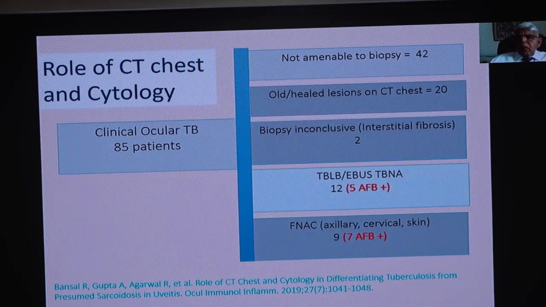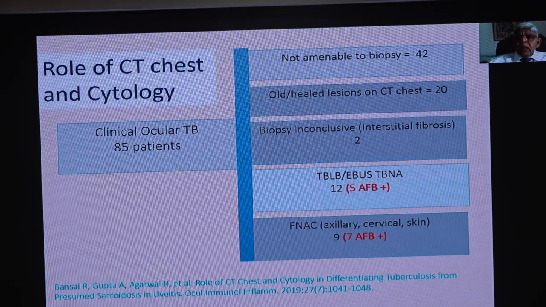Some years ago, we looked at our own set of patients, of whom we suspected clinically to be strongly suggestive of TB uveitis, and we found that nearly half of these revealed lymph nodes in the chest which were sub-centimetric, which could not be biopsied for confirming the presence of TB pathology.